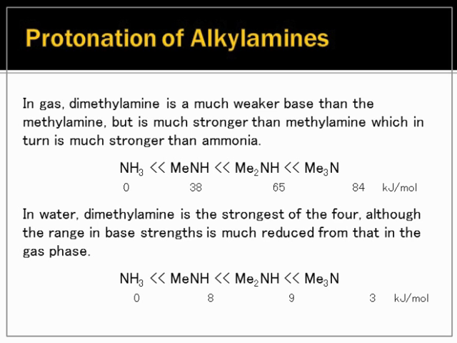If I just take a simple example, ammonia to trimethylamine, in the gas there's this, which is what we calculate, there's a huge difference. This is 80 kilojoules more basic than ammonia. In solution, there's no difference. Ammonia and trimethylamine are the same, and the ones in the middle are actually more basic, so it's not linear all of a sudden.